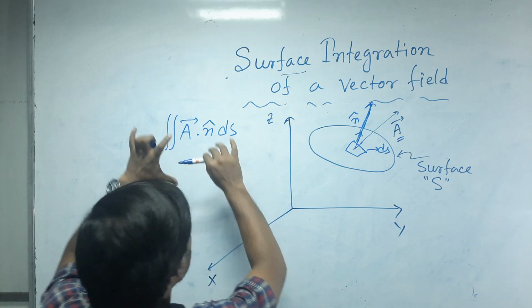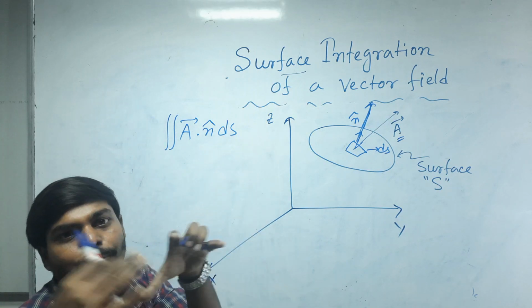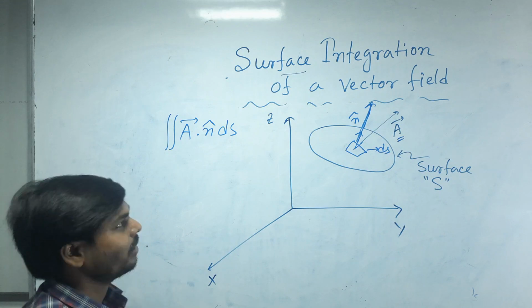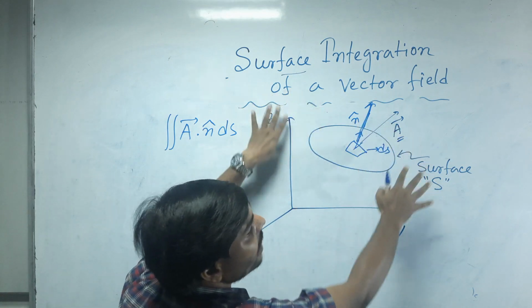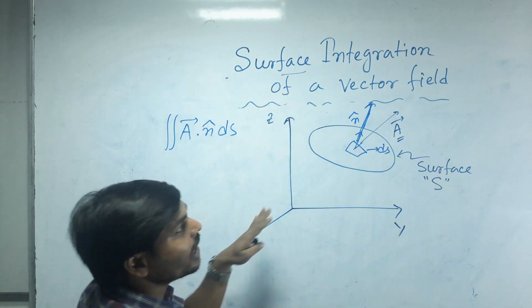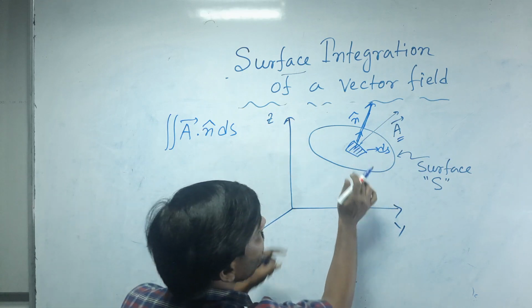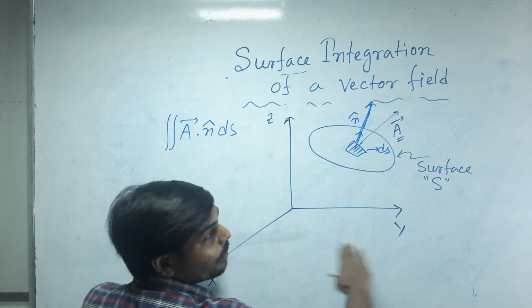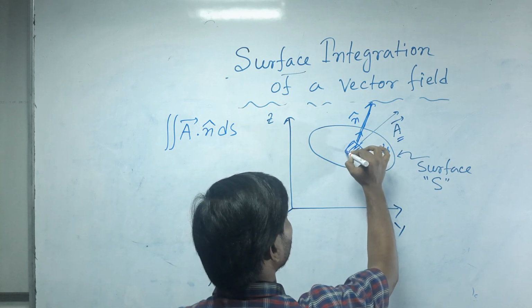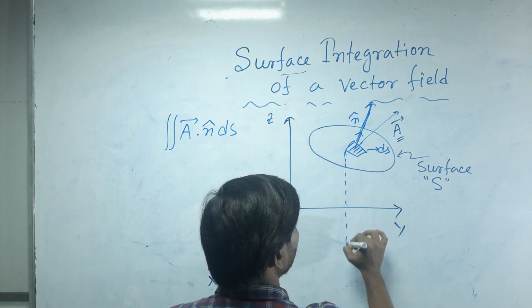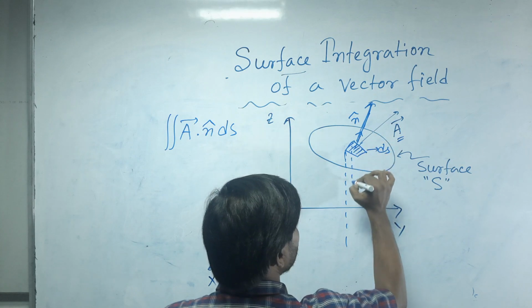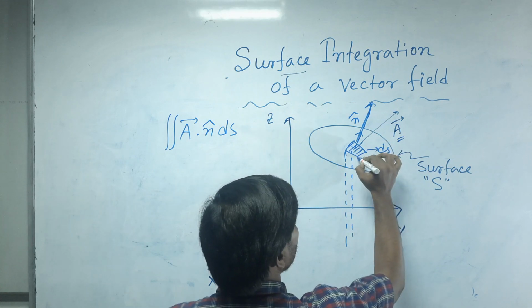We can convert this equation into a very simple two-dimensional case, because this surface is in a three-dimensional space. So for that, what do we have to do? We have to first take the projection of this elementary surface onto the xy plane. So I can draw several lines, right?